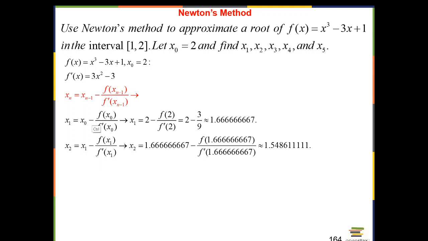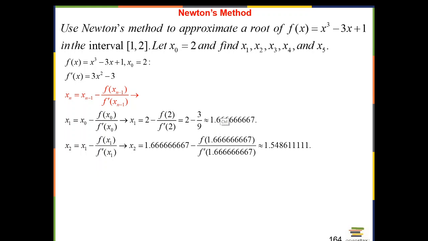So x1 would be x sub 0 minus f of x sub 0 over f prime of x sub 0. So x1 would be 2 minus f of 2, just substitute 2 in here, over f prime of 2, substitute 2 in here. So you substitute 2 in there, we get 3, and in there, we get 12 minus 3, 9. So 2 minus 3 ninths, which is about that, right?